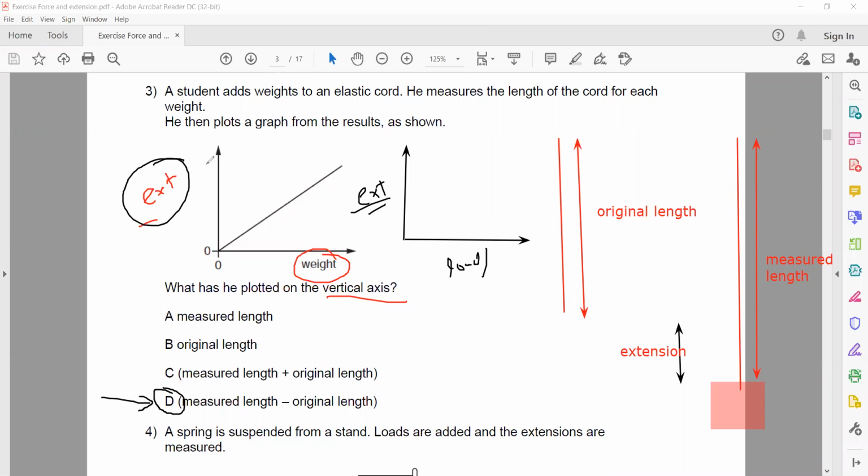So on the vertical axis, if load is on the x-axis, the vertical axis must be extension. And how is extension calculated? It is calculated by subtracting the original length from the measured length.